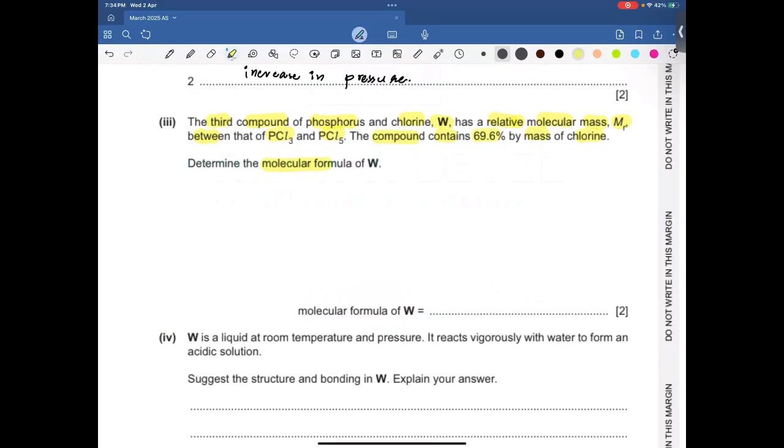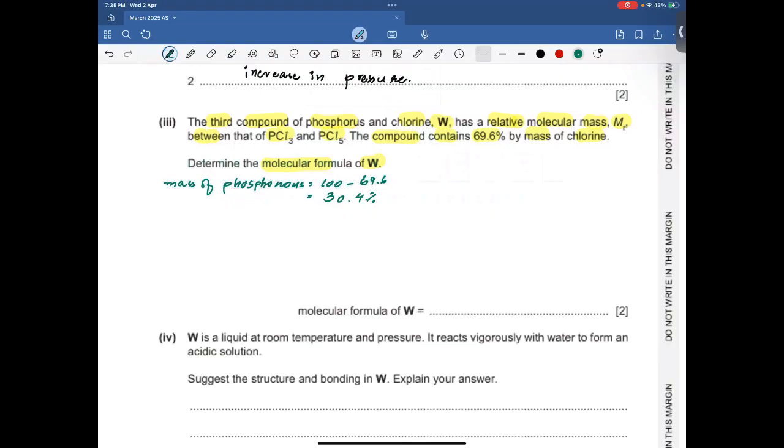Deduce the molecular formula of W. So first of all, mass of phosphorus: 100 minus 69.6 is going to be 30.4. All right. So that is the mass of phosphorus by percentage.